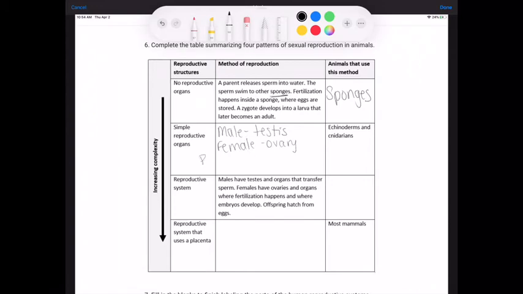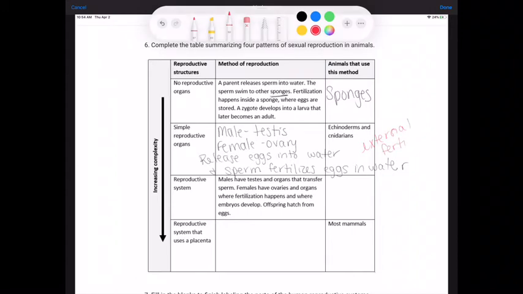And they release eggs into the water, and the sperm fertilize the egg in the water. So this is an example of external fertilization, which you read about.